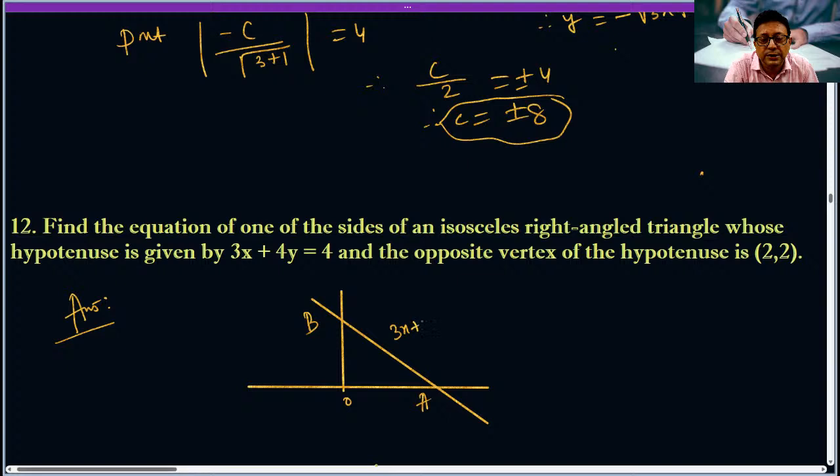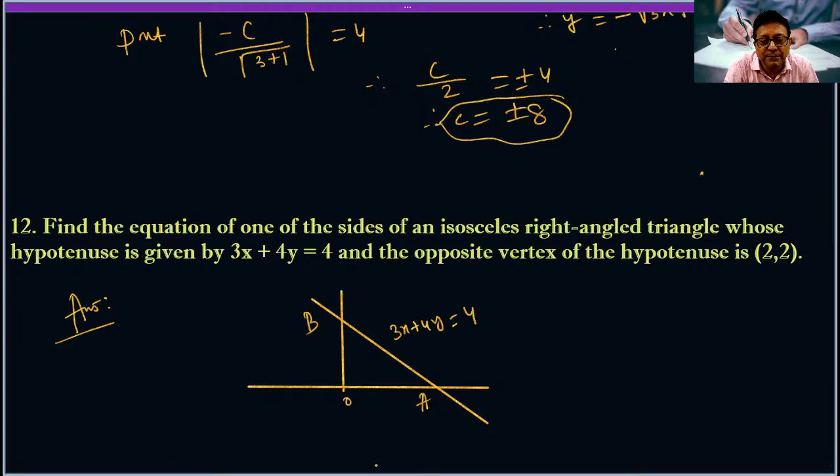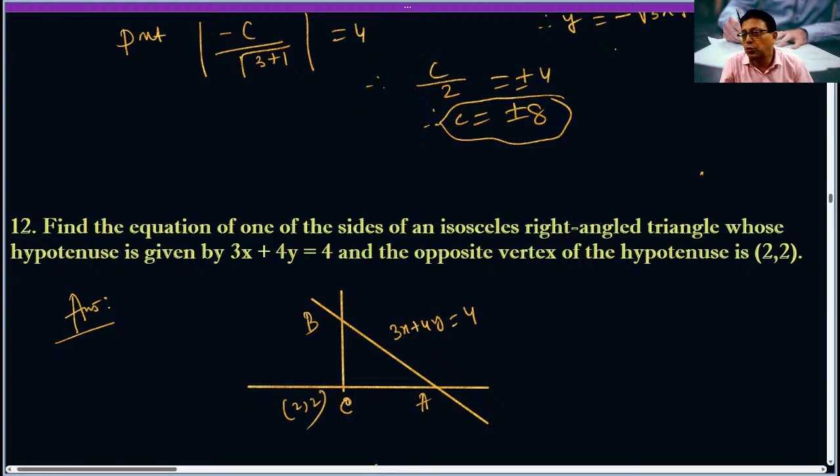Hypotenuse is this. And the vertex they have given is this point 2, 2. We have to write the equation of CA and CB. This is 90.